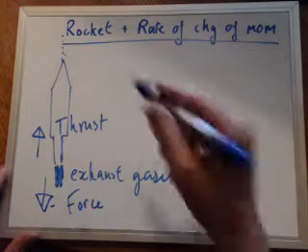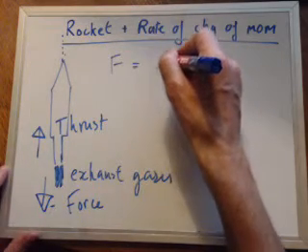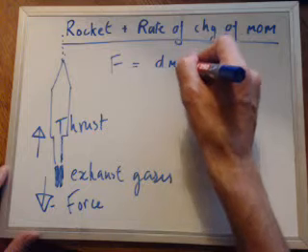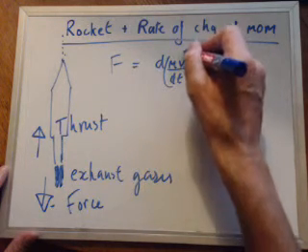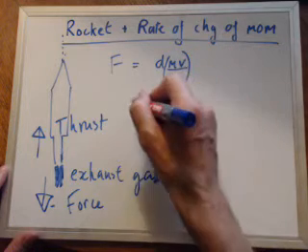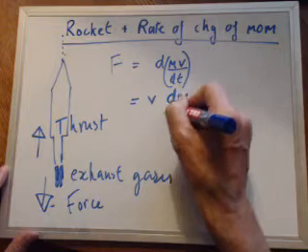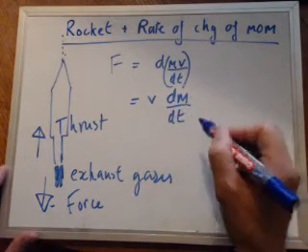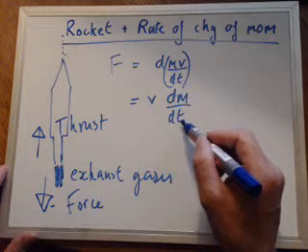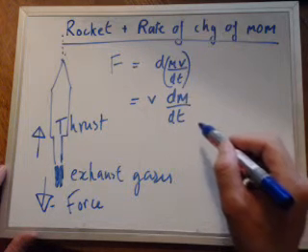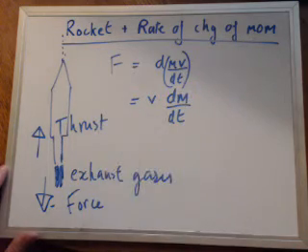The second law says that the force is equal to the rate of change of momentum, d(mv)/dt. Because the velocity is constant, that can be written as velocity times dm/dt, and dm/dt just means the rate of change of mass. Okay, and the velocity there is constant.